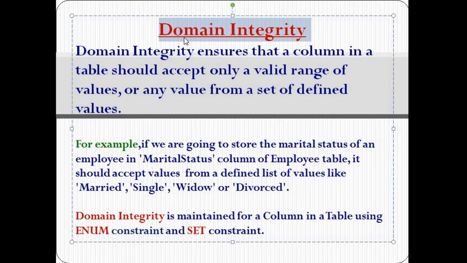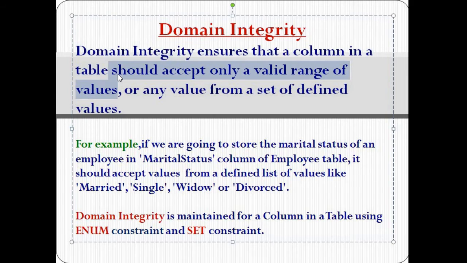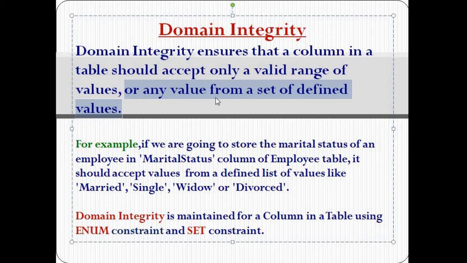Now let's discuss the next type of integrity known as the domain integrity. The domain integrity ensures that a column in a table should accept only a valid range of values or any value from a set of defined values.